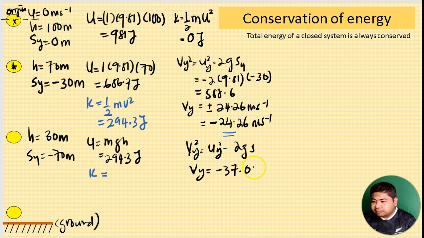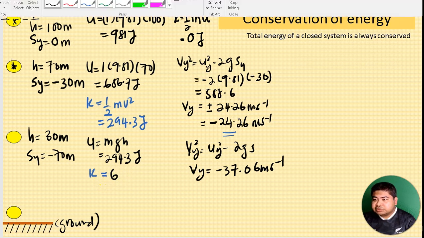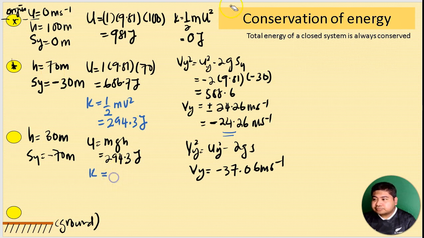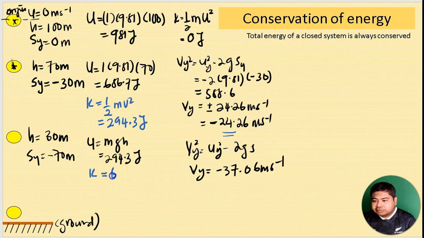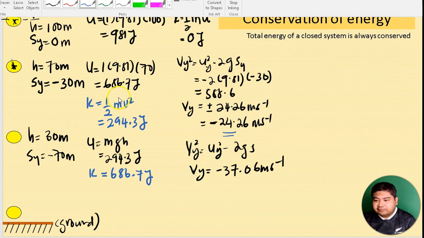If we substitute the value into the equation half mv squared, we are going to get 686.7 joules. Okay, so that is at the height of 30 meters.